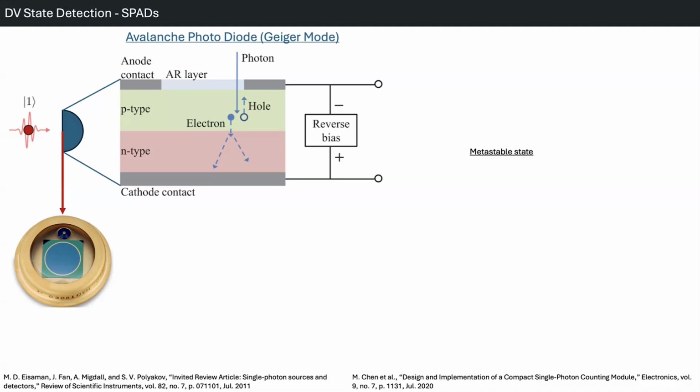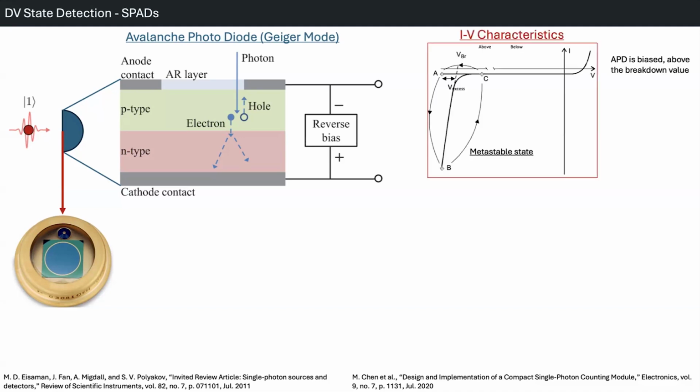Why? Because you don't have the perfect semiconductor. There are some defects. Even with state of the art TSMC level, I mean the Intel level, semiconductor production, you will have losses. So you can't detect all the photons one by one.